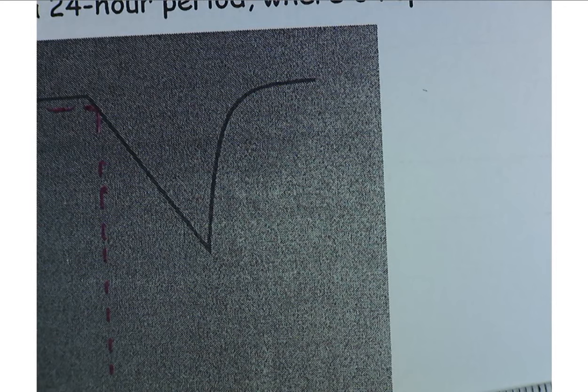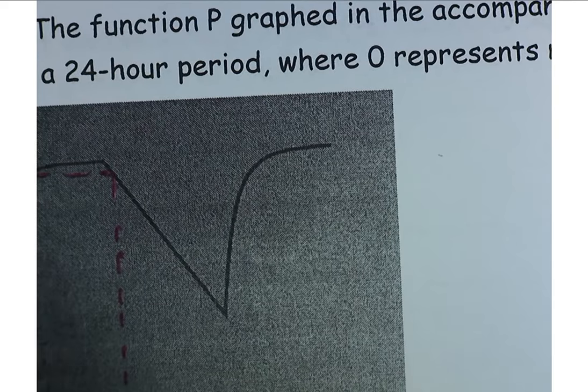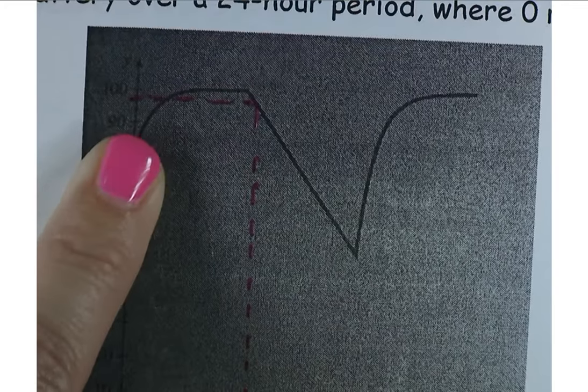Even on here, with the one that I drew, it could be about 96, about 97, and that would be fine. You can clearly see it is above 95 and below 100.